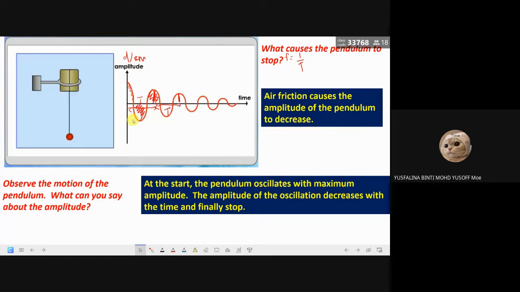This is caused by air friction. There will be energy loss to overcome the air friction, so that's why the amplitude decreases. I already told you just now, amplitude is the energy. So the energy will decrease because it needs to overcome the air friction.